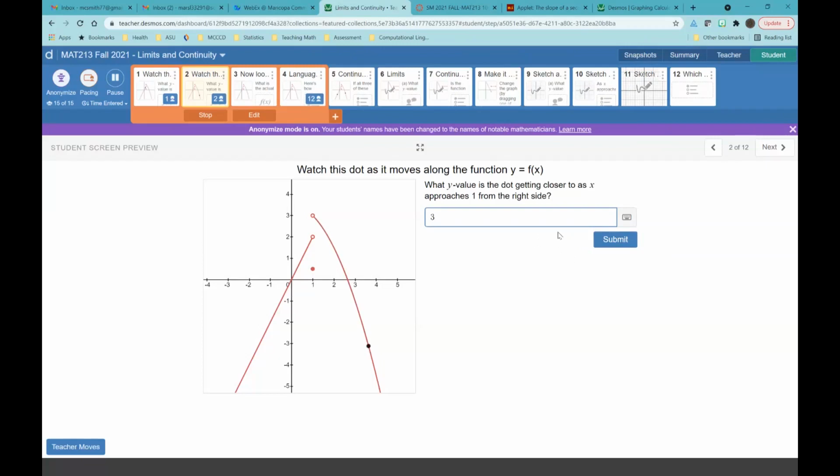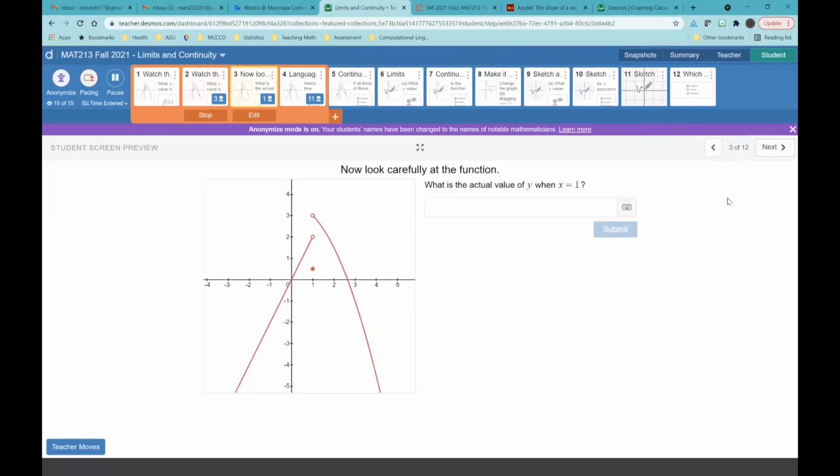You have to look as you approach your x value both from the left and from the right. In this case, I'm not getting to the same y value. You can see I got 2 when I'm approaching from the left, and I got 3 when I'm approaching from the right. The actual function value, I guess 0.5. It looks like it's midway between 0 and 1.